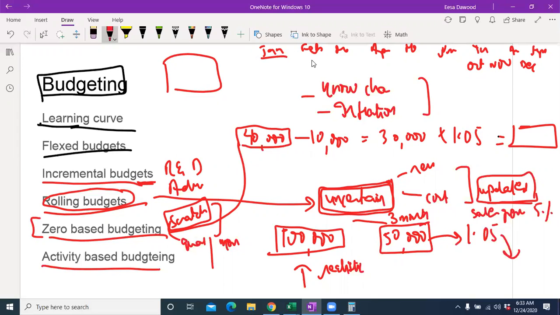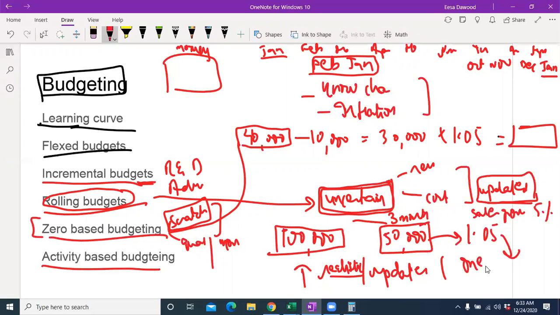Now I want a budget for the entire year, and I prepare monthly rolling budgets. So after this period has expired, I add one more period, and I will make a budget from February to January next year, so that every time one period lapses, I add another period and I have a realistic and updated budget for one year.